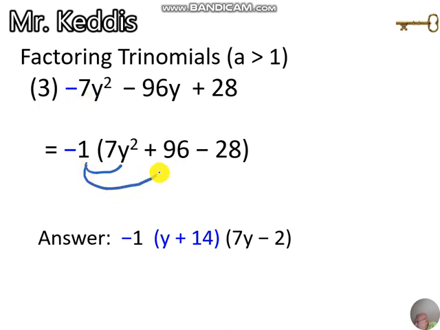Negative times positive, I get negative, and negative times negative, I get the positive 28. I use the distributive property. We already factored this trinomial before, 7y squared plus 96y minus 28, in number 2. And this is the factorization.